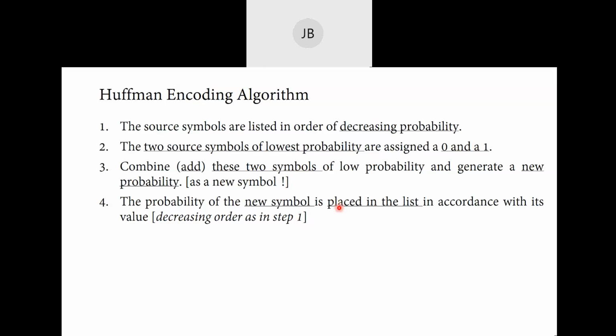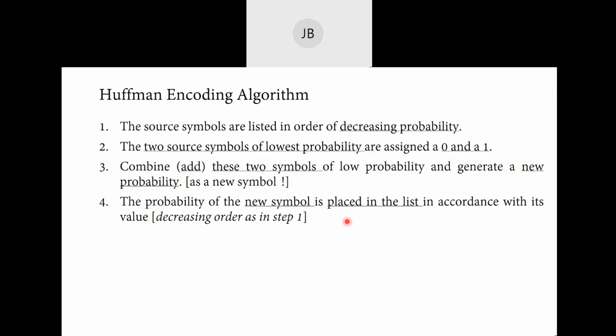Since we are generating a new value here by adding two symbols of the lowest probability, now we need to repeat this process. While repeating, we need to place the new symbol in the decreasing order again. If there are symbols having a similar probability value, then this new symbol will occupy the first place in the sorted list.